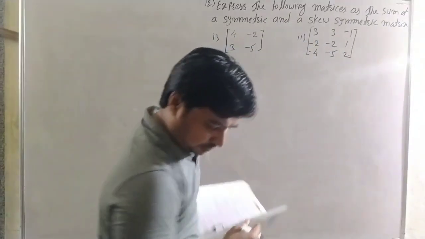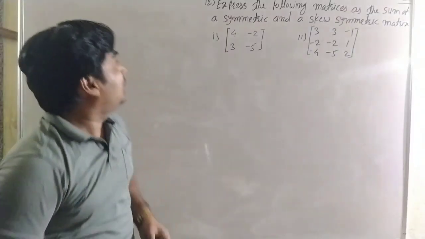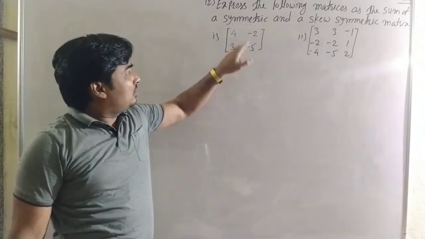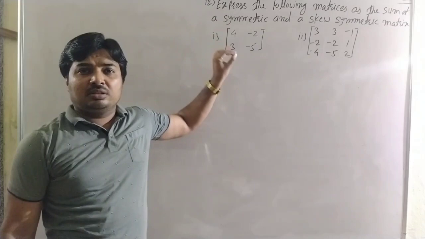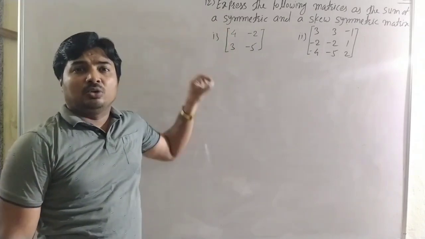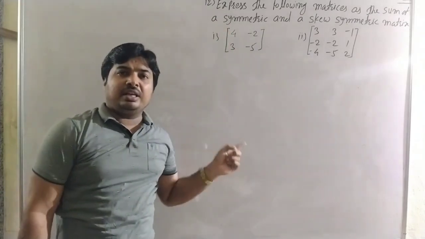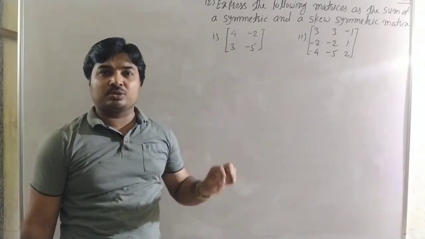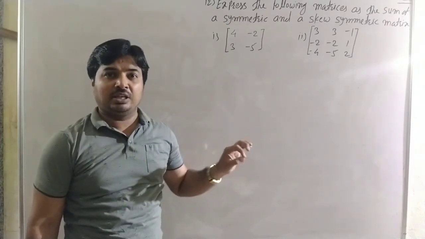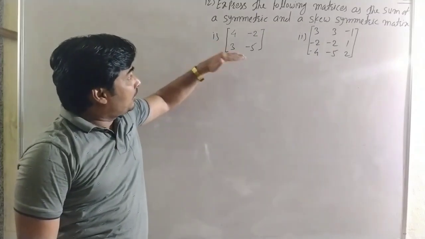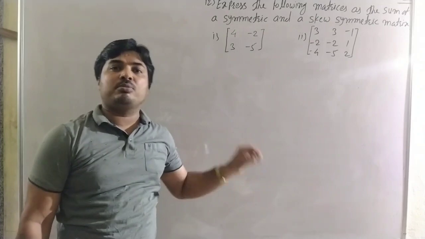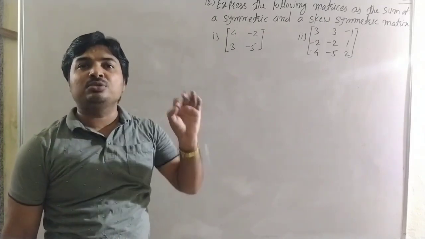Okay, here express the following matrix. Okay, suppose this matrix we consider it is A. Okay, we know A plus A transpose is a symmetric matrix and A minus A transpose is a skew symmetric matrix. We can express the given matrix in the form of the sum of the symmetric and the skew symmetric matrix.